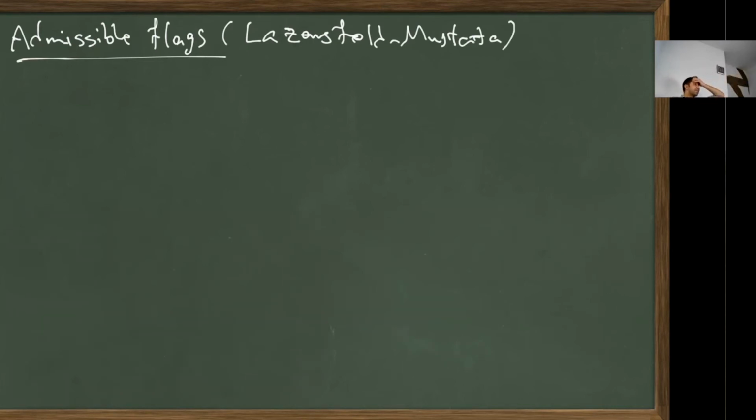I'm not going to tell you much about it, but we define this compatibility not with respect to just the filtration that I talked about. We define it with respect to a filtration that comes from an admissible flag. But the idea is exactly what you saw in the previous example.